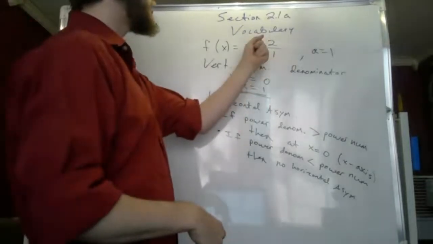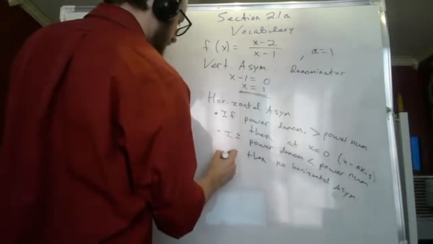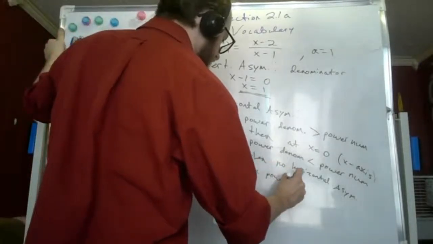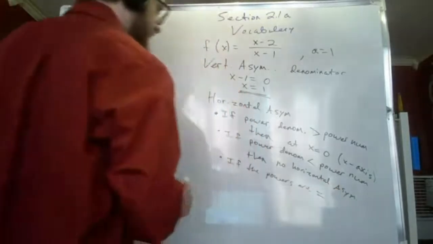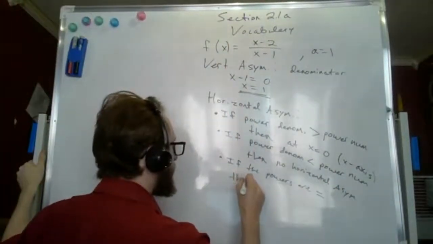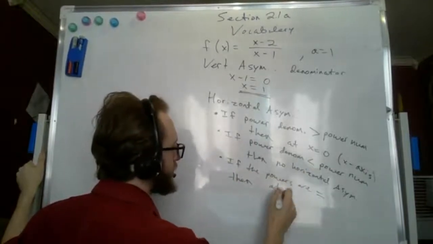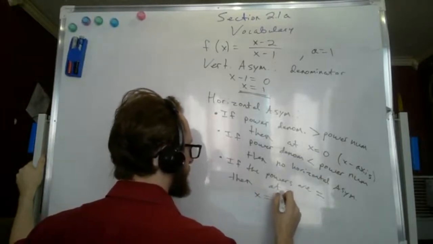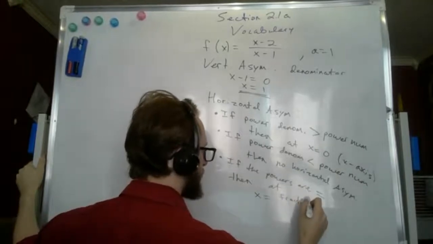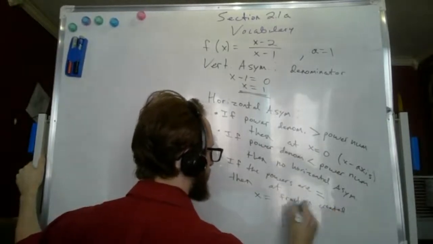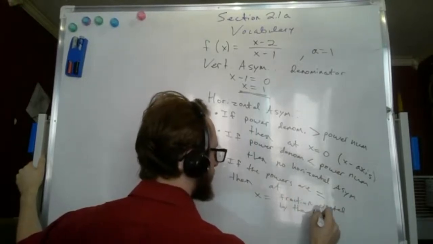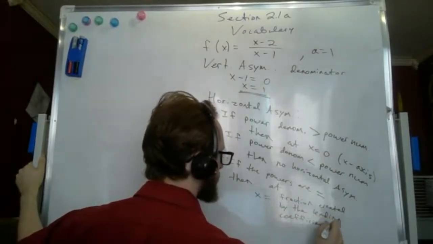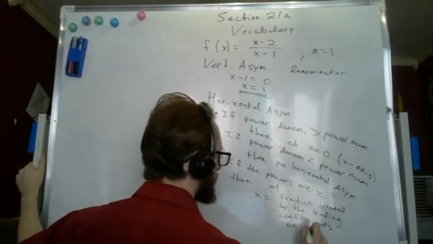Now again, that doesn't apply here because our powers are equal. So for our third and final case, if the powers are equal, then you have your horizontal asymptote at y equals the fraction created by the leading coefficients on x.